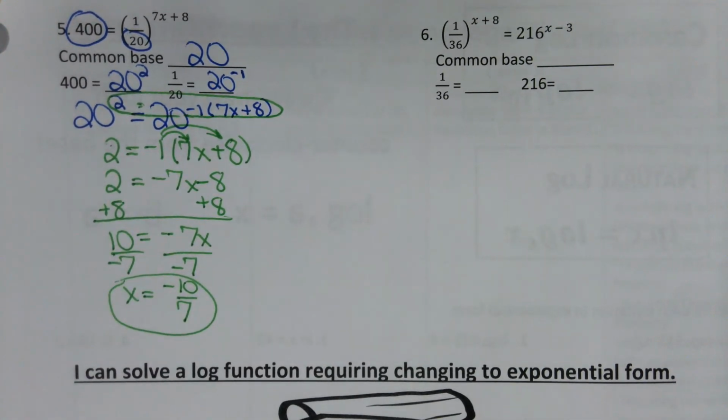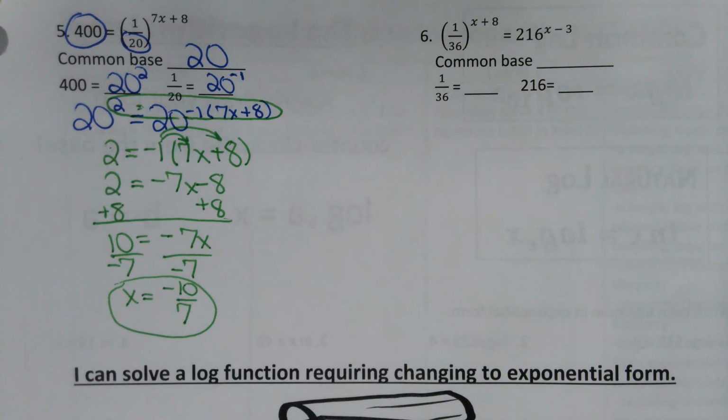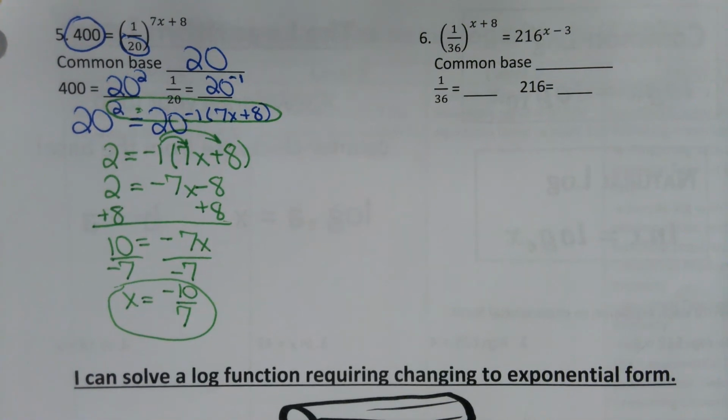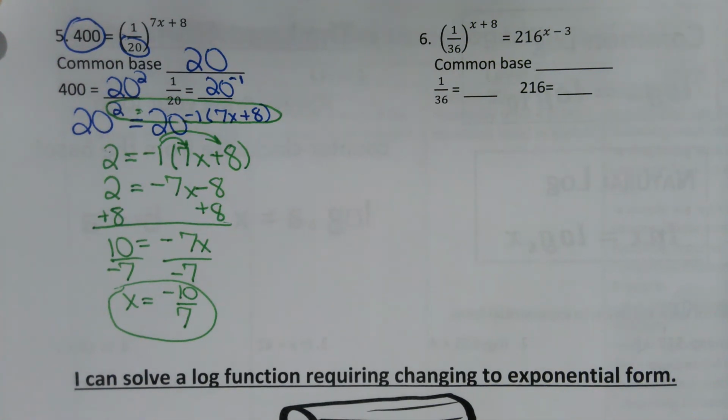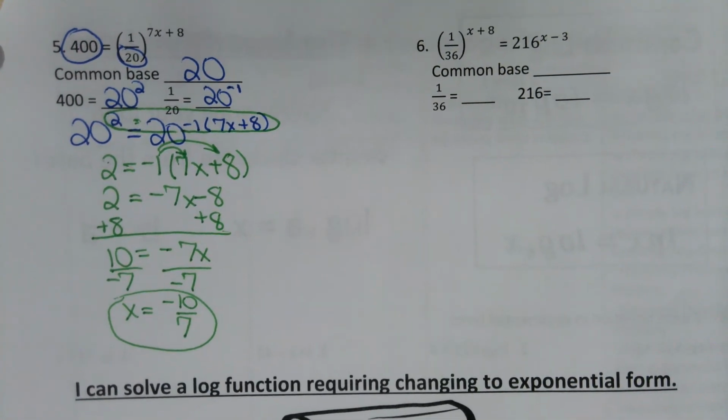For our final problem here, I have 36 as my base, or as my denominator, and 216 is the other number. So we need to figure out what number can I raise to an exponent to be 36 and 216?